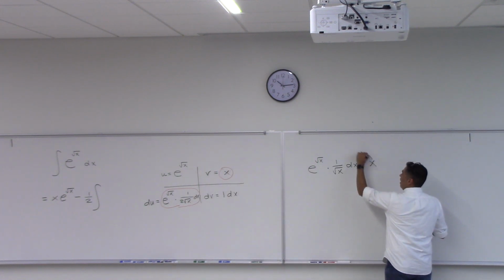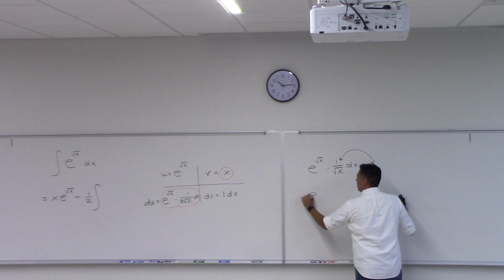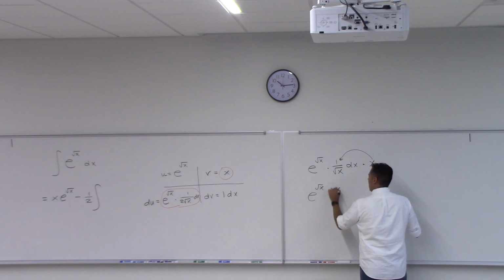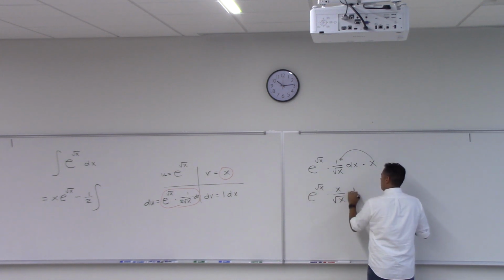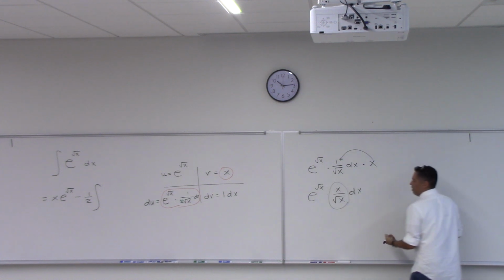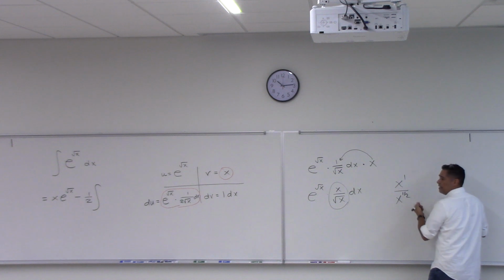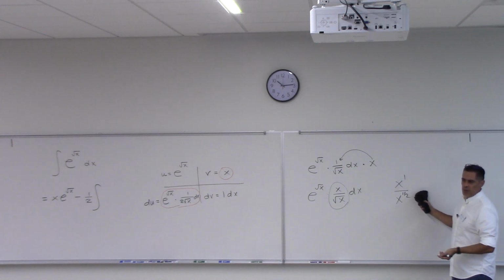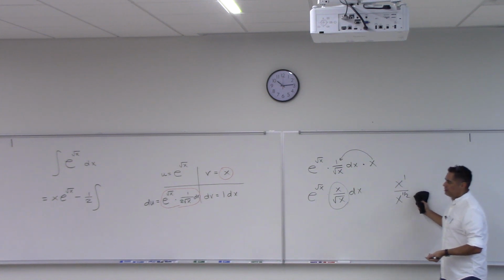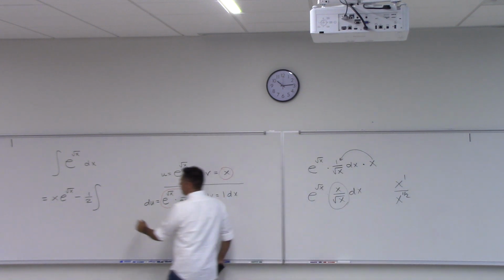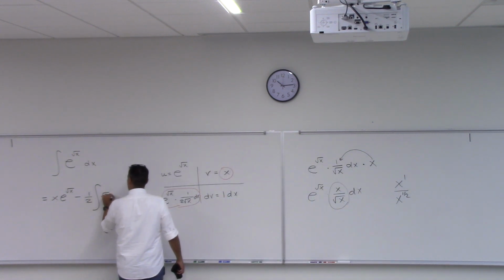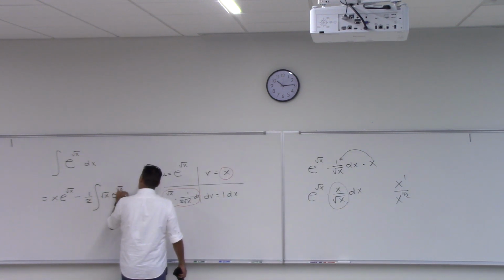And I can slide the x on top there, e to the root x times x over root x dx. And then this I can use college algebra: that's x to the 1 over x to the half, which is x to the half, which is the square root of x. So all of that just becomes square root of x e to the root x dx.